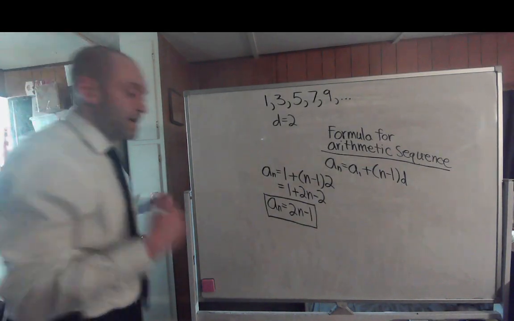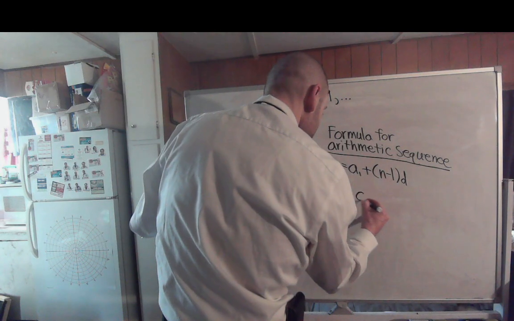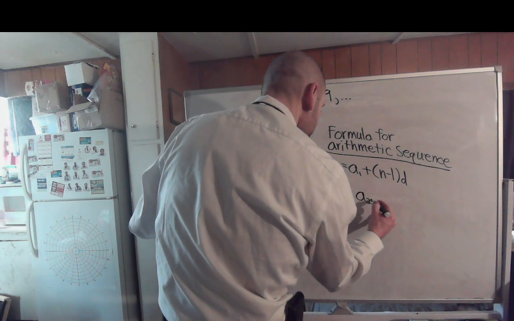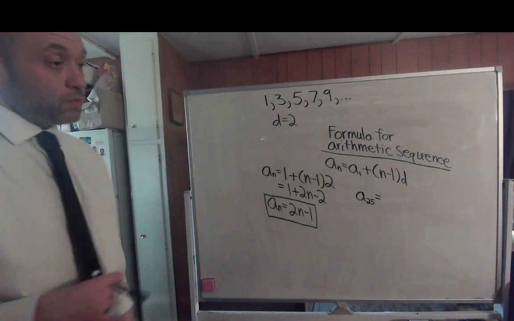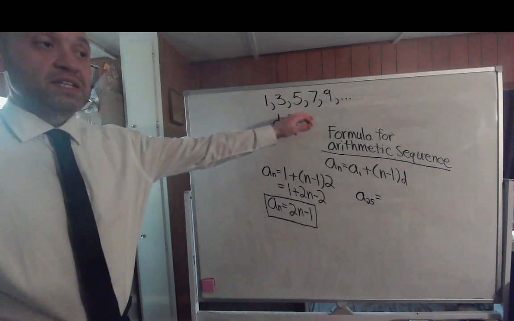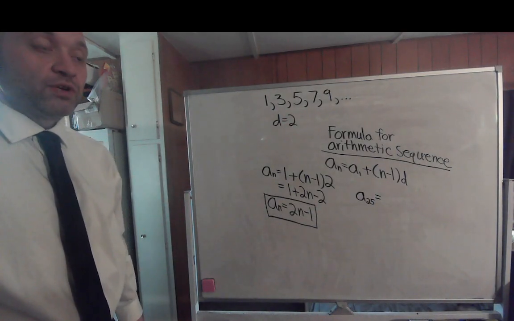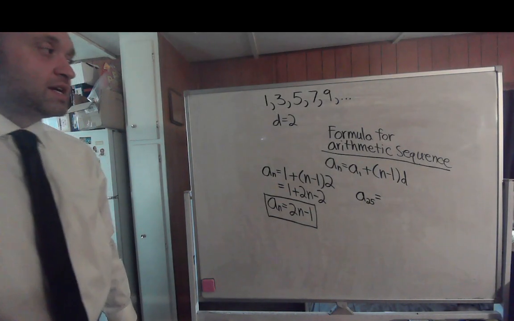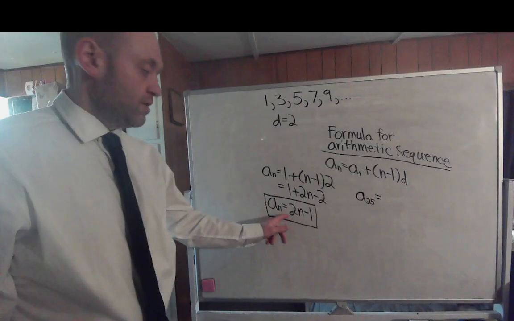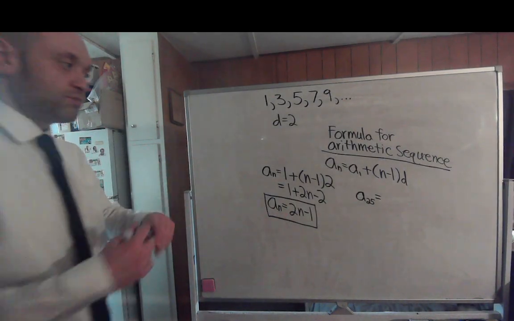Now, we're being asked to also find the 25th term. We're going to find a sub 25. Now, one way to do it, you can sit here and list out the first 25 terms if you really want to, but who on earth wants to do that? You have a nice shortcut here for the nth term of this arithmetic sequence.